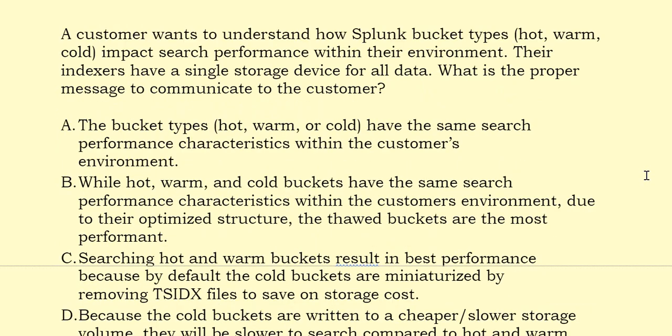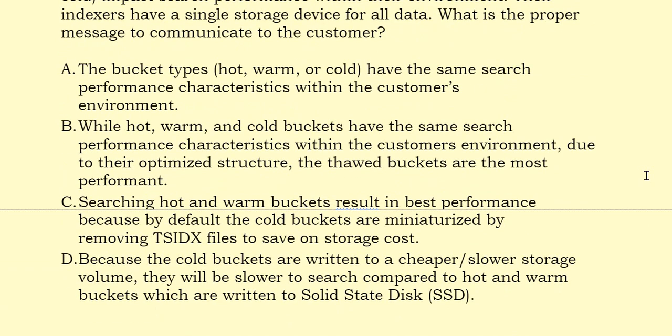Option C. Searching hot and warm buckets results in best performance because by default the cold buckets are miniaturized by removing TSIDX files to save on storage cost. Option D. Because the cold buckets are written to a cheaper, slower storage volume, they will be slower to search compared to hot and warm buckets, which are written in solid state disk, SSD.